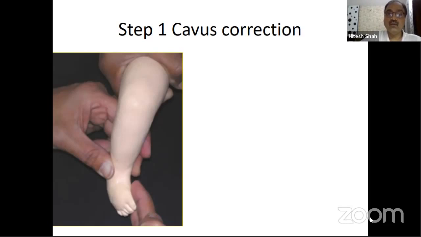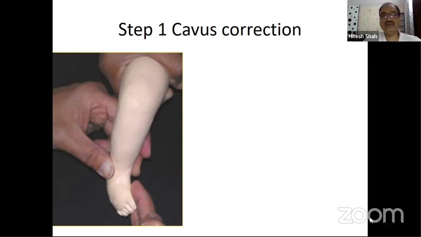When we are lifting the first metatarsal, we need to keep our thumb on the head of the talus. How do we palpate the head of the talus? It is very easy: palpate the lateral malleolus, and just anterior to the ankle we can palpate the head of the talus.